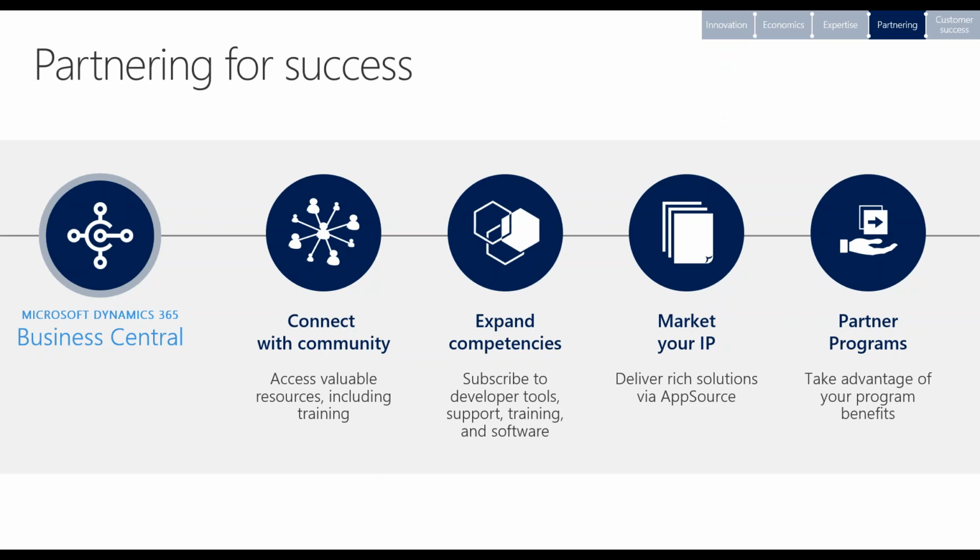When you put it on the AppSource, that gives you exposure worldwide if you choose to sell your extension worldwide, and also exposure across Australia. So that's a great way to get your IP out there. And then partner programs. So take advantage of the program benefits that your partnership with Ingram offers you.